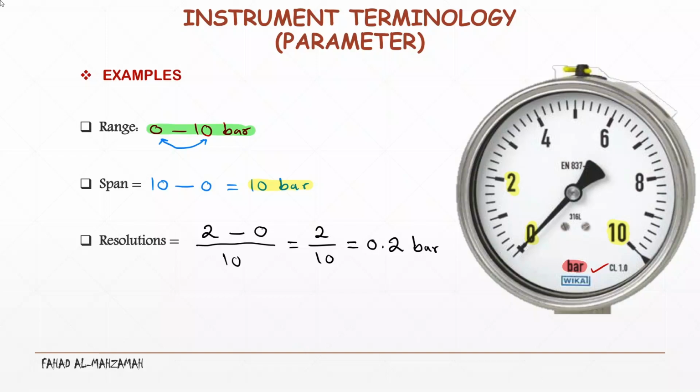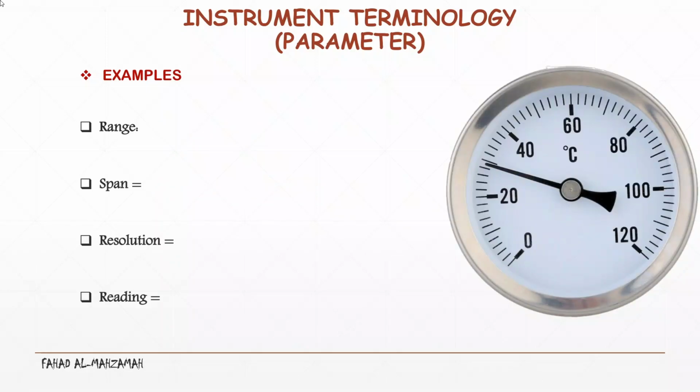So let's check here: 2, 2.2, 0.4, 0.6, 0.8, 1, 3.2, 3.4, 3.6, 3.8, 4. So I think all of the gauge has only one resolution. So you need to check for the whole gauge, and at the end you will get only one resolution. So that's the answer.